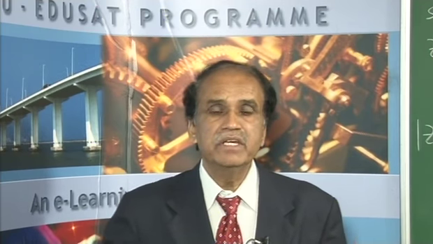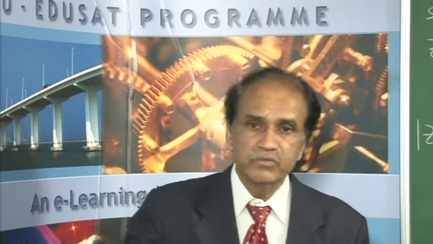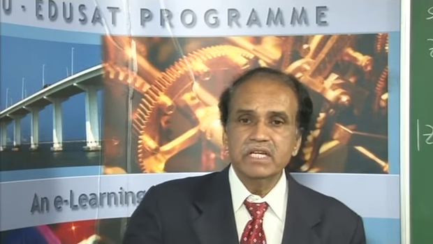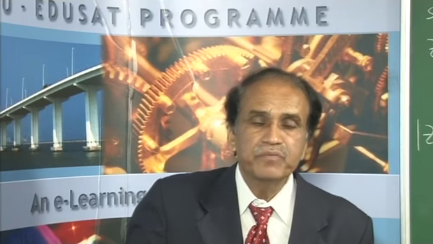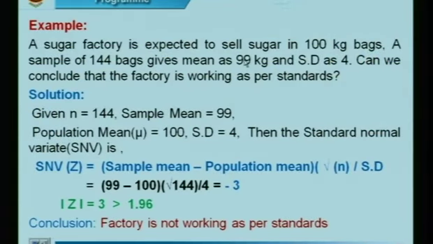That means the buyer will be put under loss, and the owner who sells the sugar will get the benefit by making all these negative differences. The mean value may range from 97 up to 100, but the average value we can consider from the given data is 99 kg.